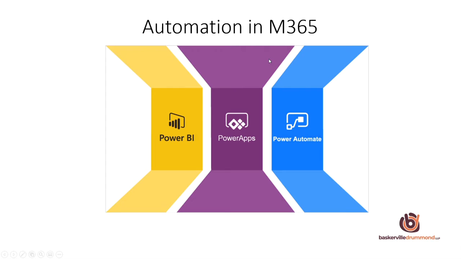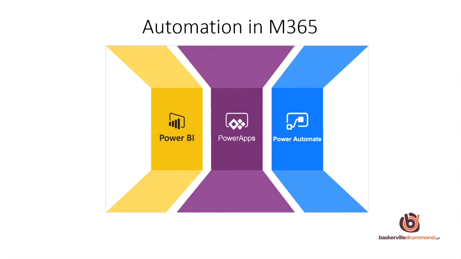So when we're talking about automation in Microsoft 365, then exactly what are we talking about? Which tools provide that automation that law firms can tap into? Well, in the Power Platform, there are 3 separate products. There is Power BI, that's used for data visualization and data analytics and intelligence.